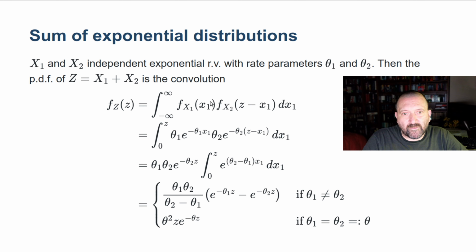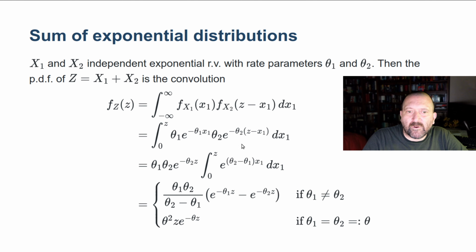The distribution of the sum is simply the integral over the real line of the density of the first multiplied by the density of the second evaluated at z minus x1, with z being the one that I'm looking at here.